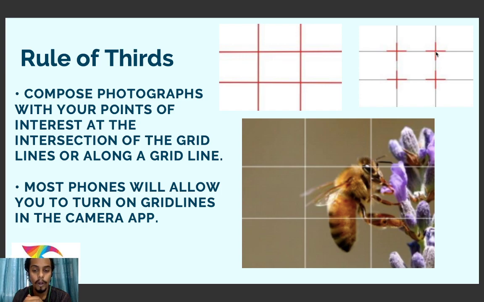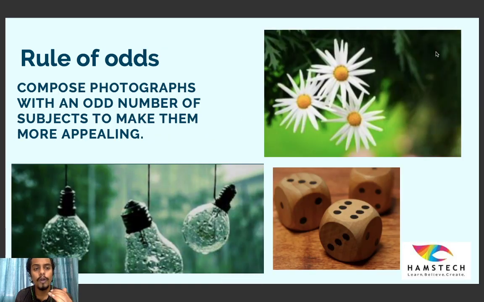Speaking of the same concept, the subject is not hard and fast. The subject should be aligned, perpendicular or parallel to any of the 4 lines. Just try to align it a bit alongside one of these 4 lines. That's it.